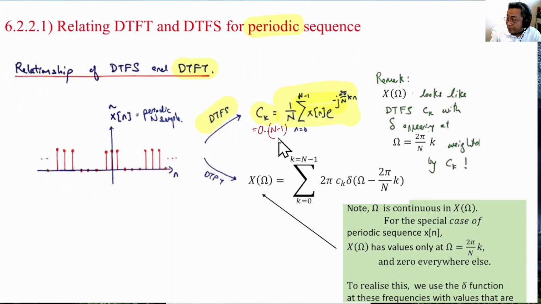How can we then take this DTFS representation and use that to represent it as DTFT? What we simply do is to apply this process.